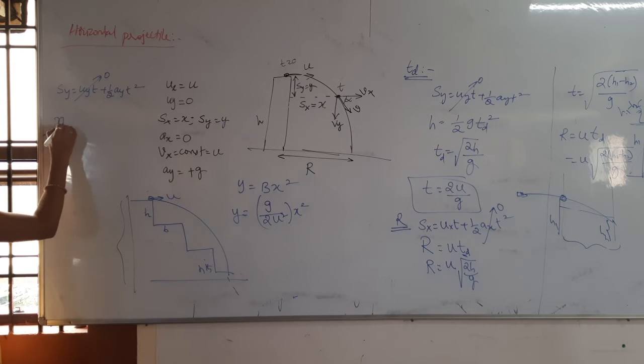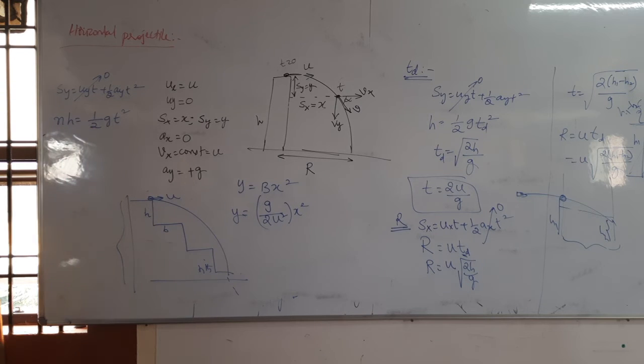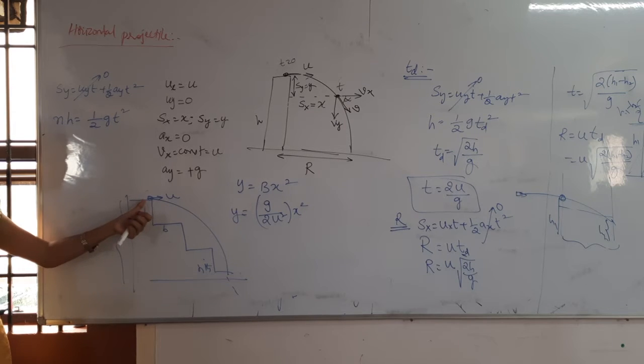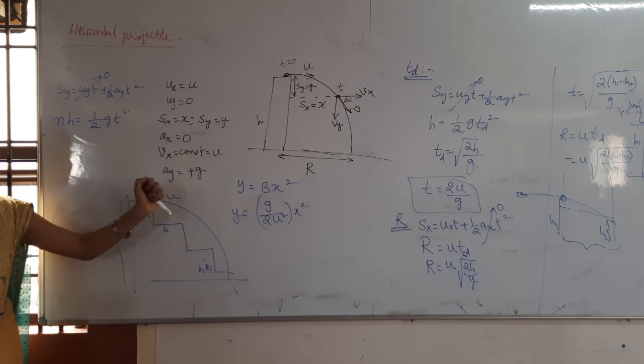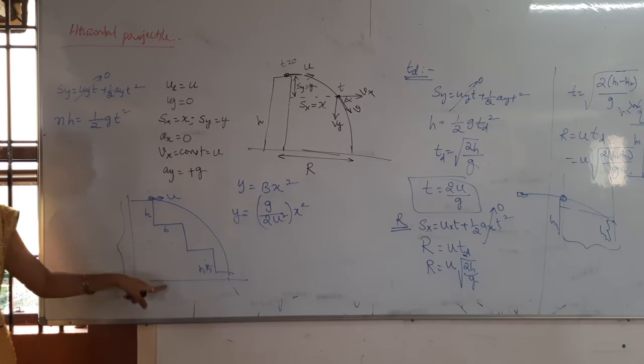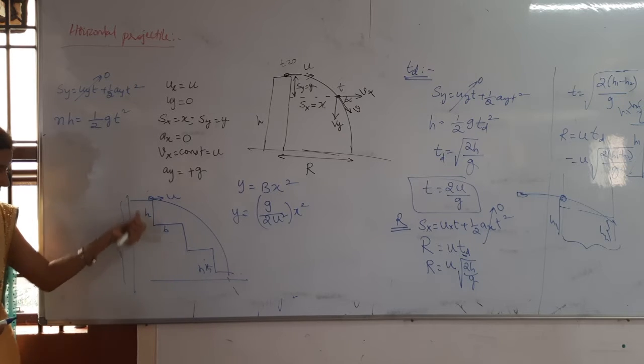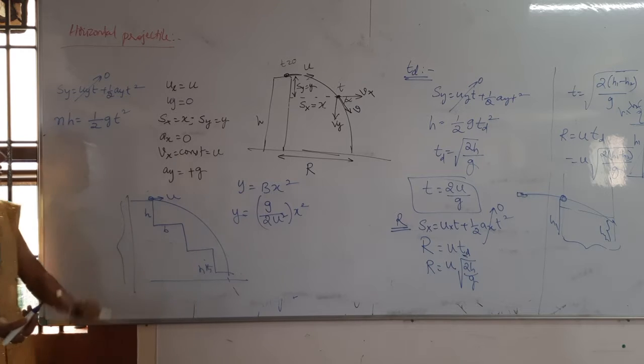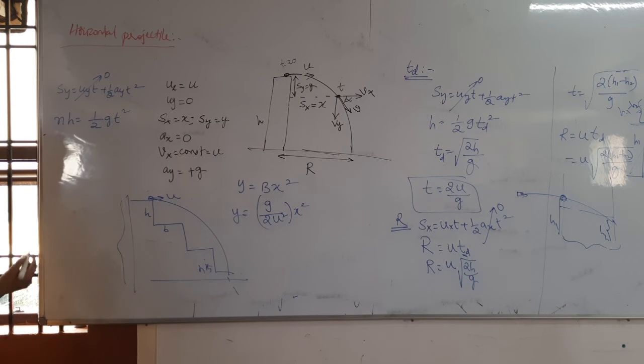So nh is equal to half gt square. So here a velocity is there in the horizontal direction. Total height of the staircase is nh, so nh is equal to half gt square.